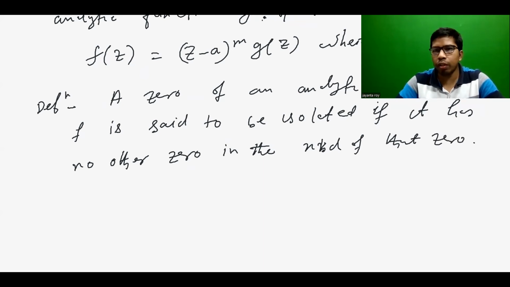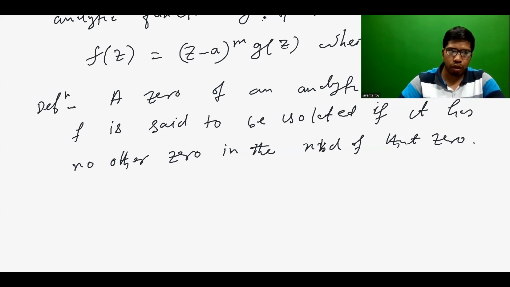So this is the only zero of this analytic function. In this case, we say that the zero of the analytic function is isolated. And one very important result related to this is that every zero of an analytic function is isolated.